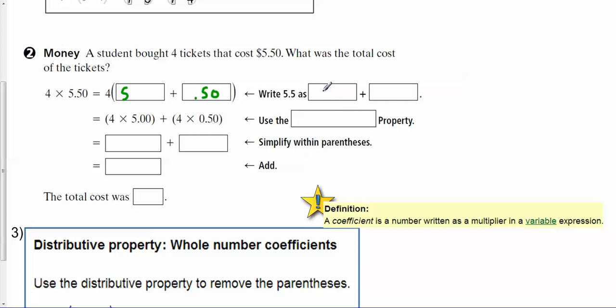So I'm going to write $5 and 5/10. So what is 4 times 5? Well, it's 20. Plus 4 times 50 cents is 2. So we use the distributive property to distribute the 4. Okay? So 20 plus 2 is 22. So the total cost was $22.